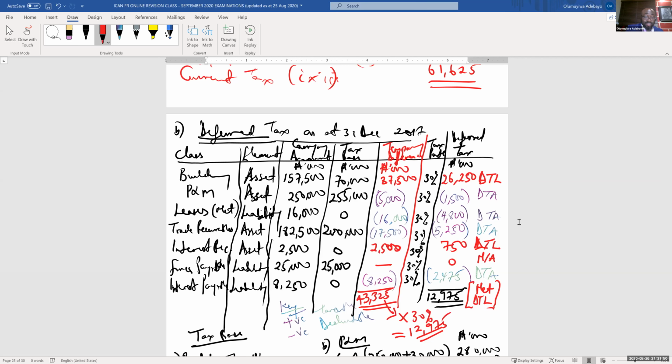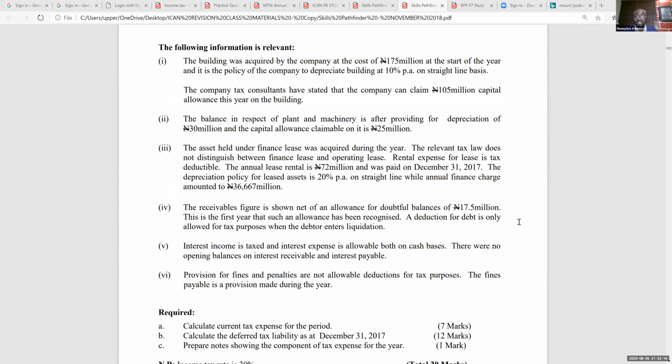Which then means that our deferred tax liability, according to the question, is 12,975 as at the end of the year.